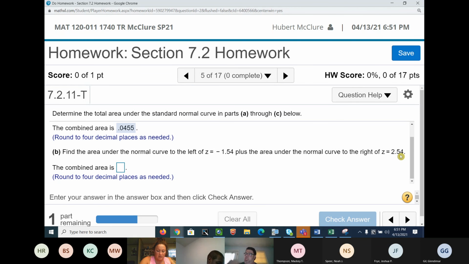I'm going to draw a picture while y'all are drawing a picture: 0, 1, 2, 3, -1, -2, -3. Since these are not symmetrical, I'm going to use two different colors. The first one says -1.54.